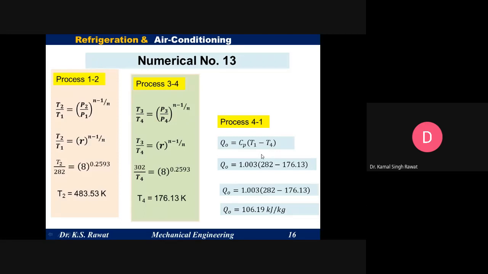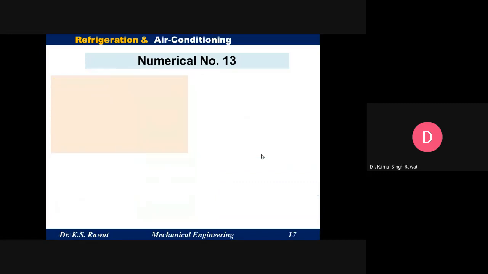If the process is polytropic, we cannot apply m Cp delta T to calculate the compression work or turbine work. Again, note that point. So how do we calculate?